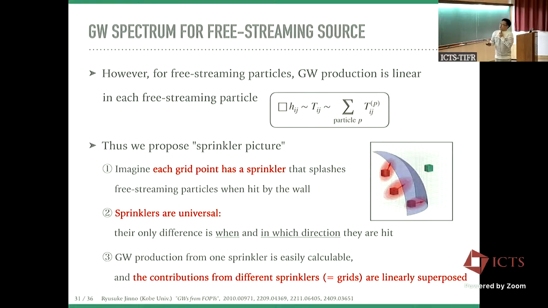And the gravitational wave production from one sprinkler is very easily calculable. After calculating gravitational waves from each single sprinkler, we can linearly superpose the contributions from different sprinklers. This kind of simplification happens for gravitational wave production from feebly interacting particles.